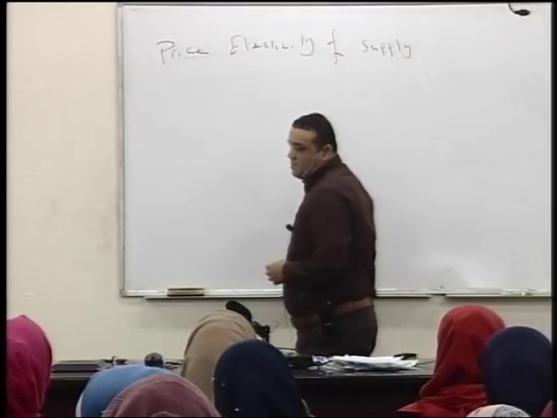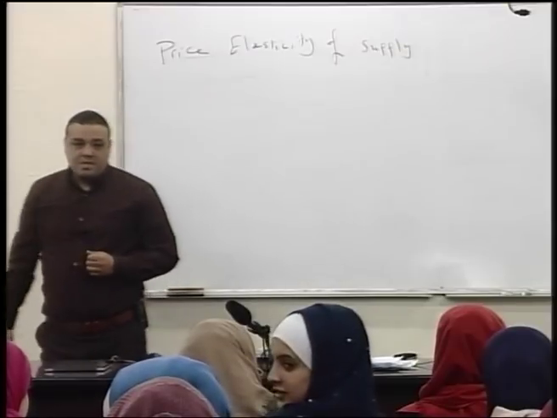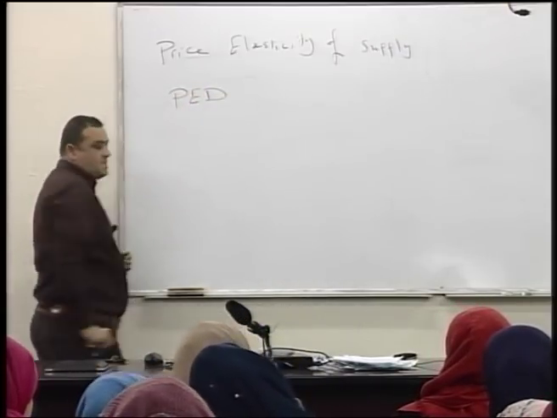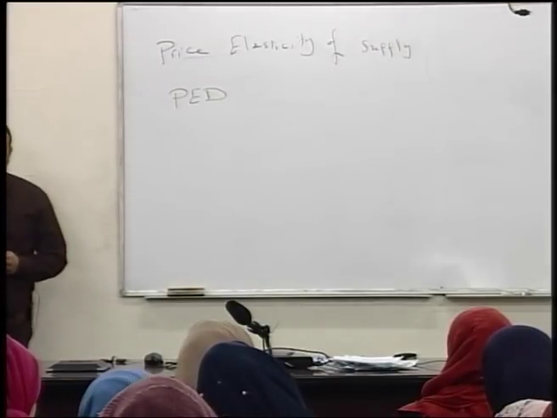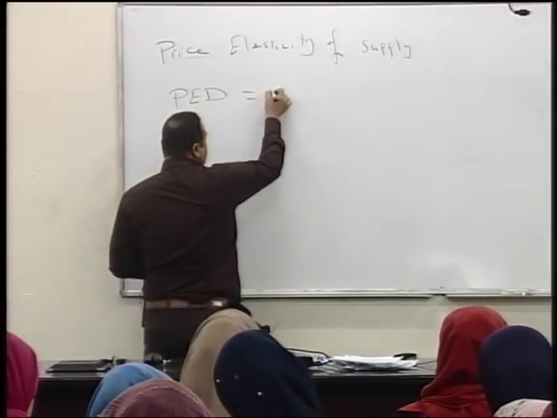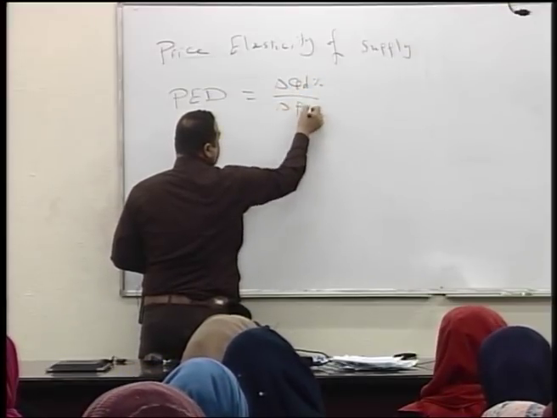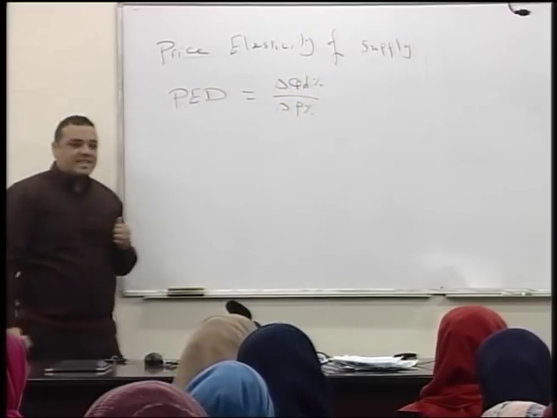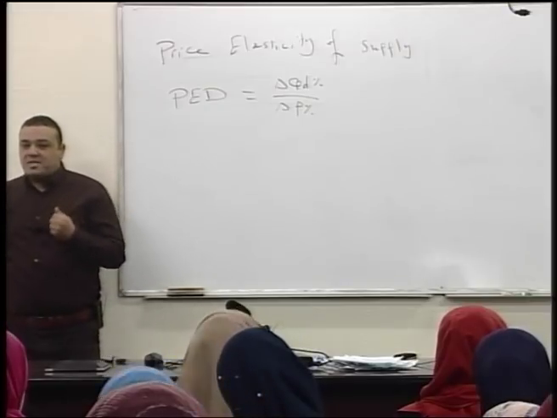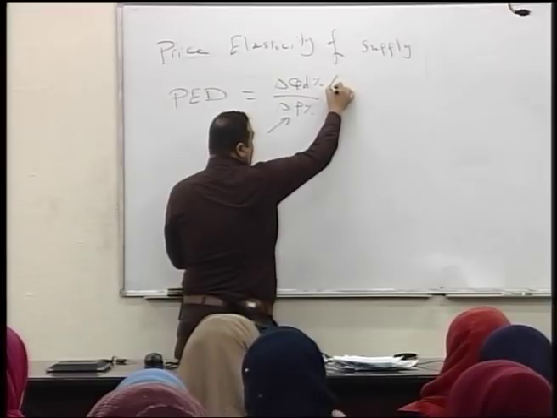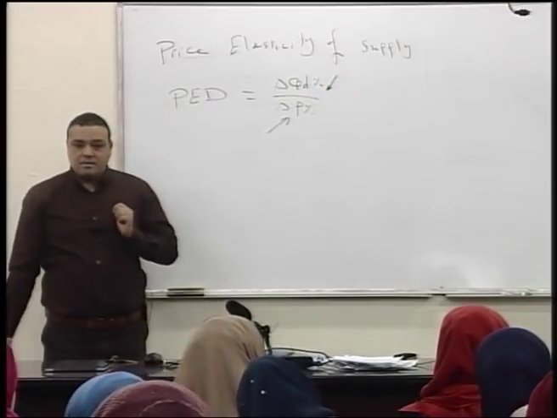As we mentioned before, the price elasticity of demand, PED, equals the percentage change in the quantity demanded over the percentage change in the price. And we said that as the price of the product goes up, the quantity demanded goes down in general.